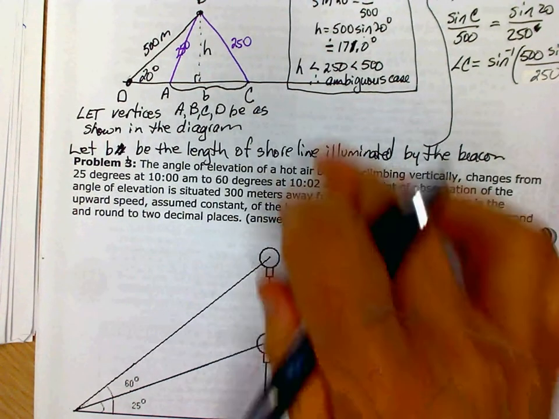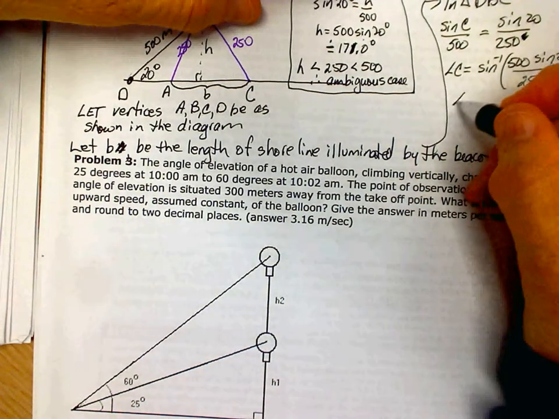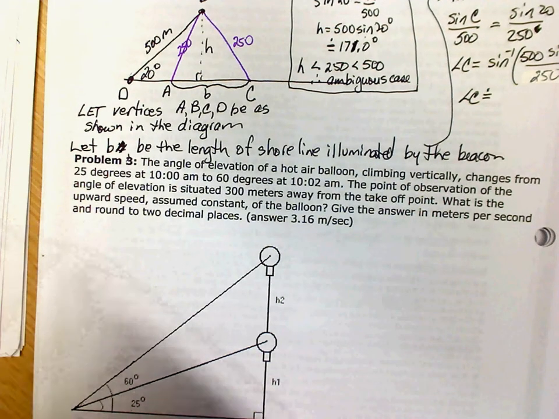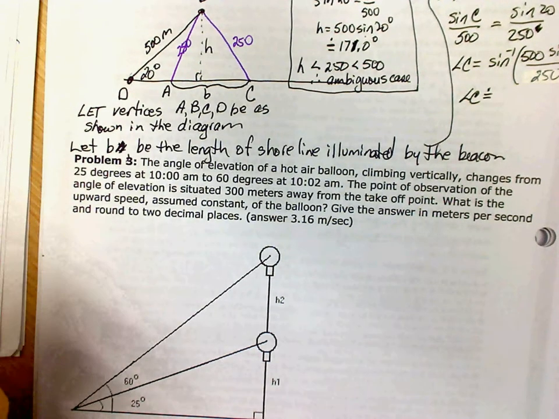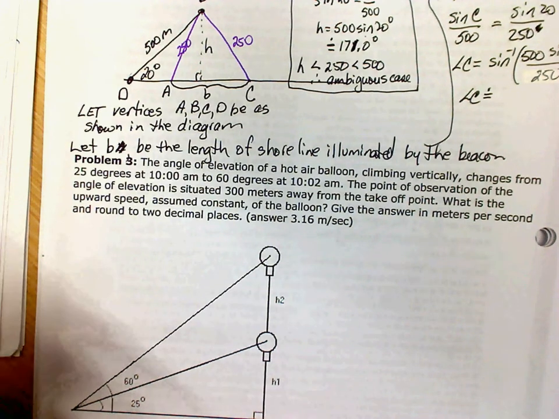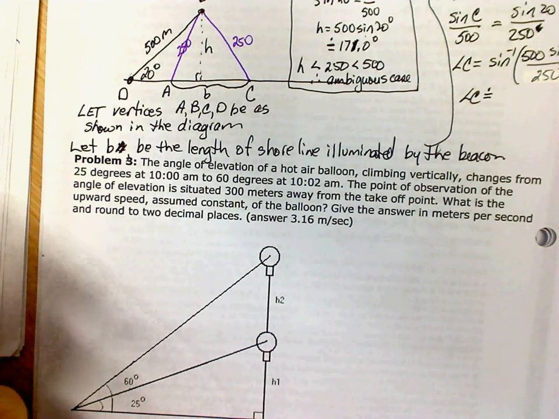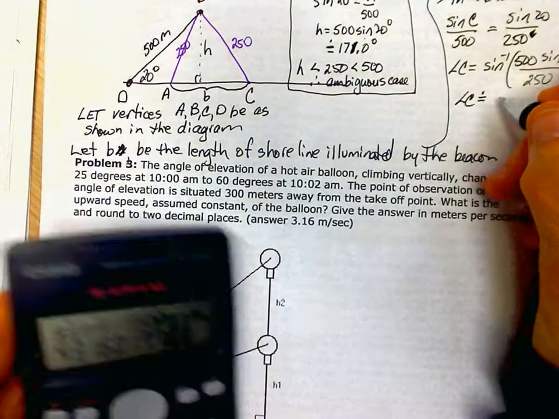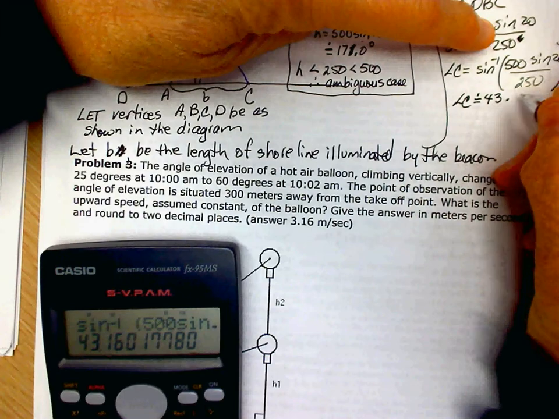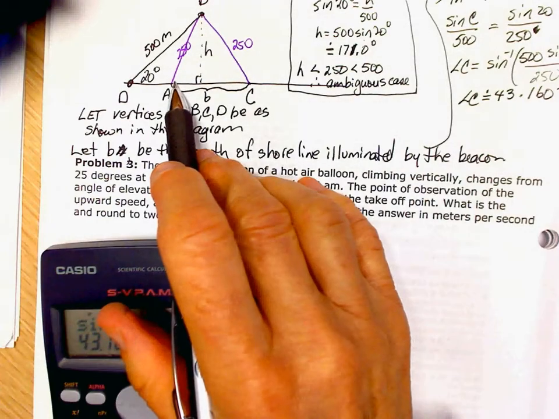Angle C is approximately inverse sine of 500 sine 20 divided by 250. Uh-oh, I better use brackets. Shift sine open bracket 500 sine 20 divided by 250 close bracket. That's about 43 degrees. Now, we also know that this angle B will be 43 points.